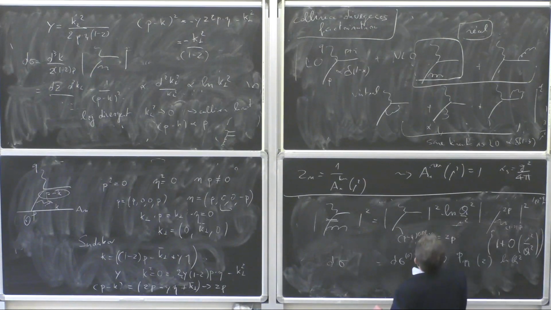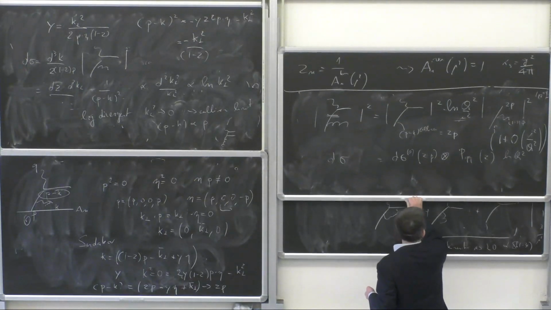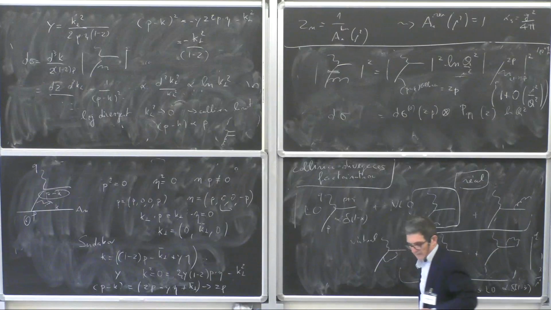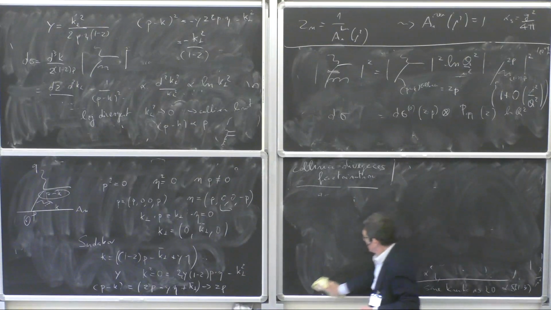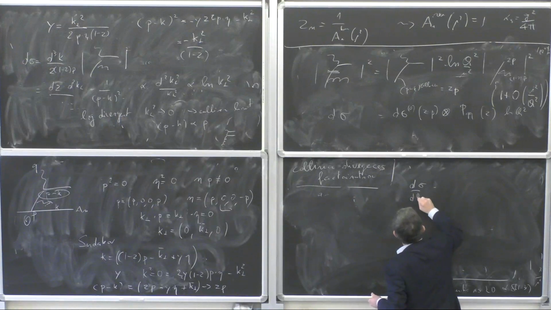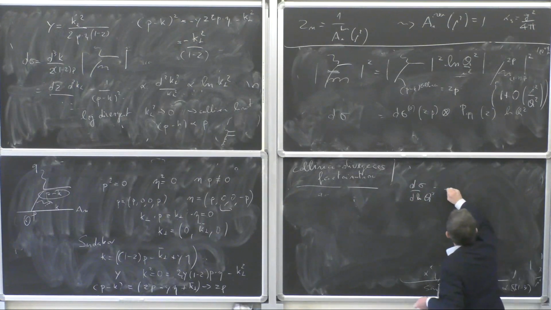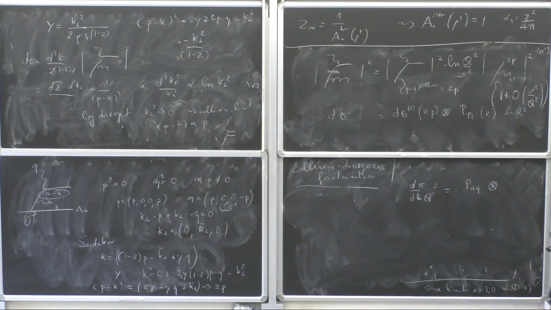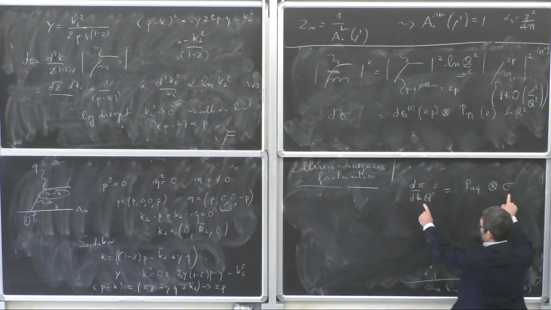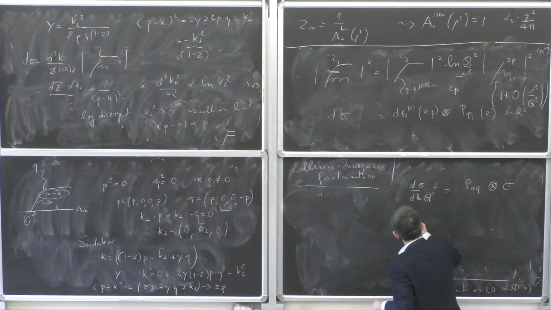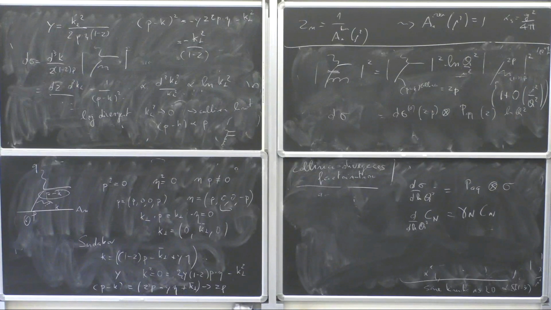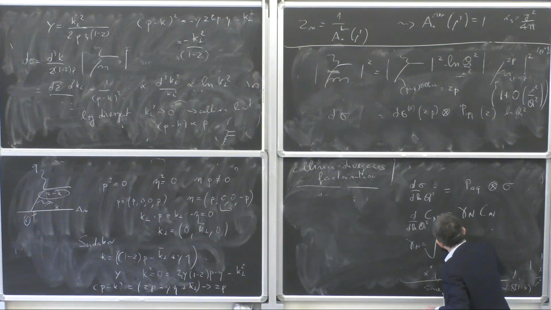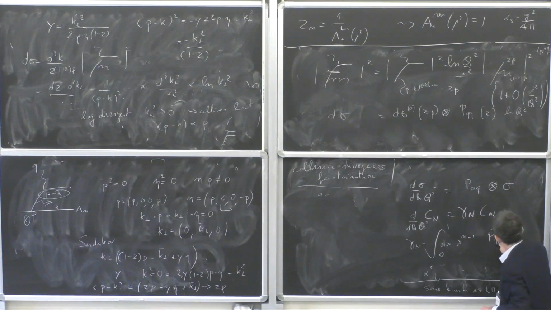Okay? And what this is telling me is that actually, d sigma d log q square, I'm taking the derivative, is like the splitting function pqq convoluted with sigma, which means that if I take a Mellin transform of both sides, this is like saying that d by d log q square of my coefficient function Cn is equal to gamma n times Cn, provided only gamma n is the Mellin transform of the splitting function pqq here.